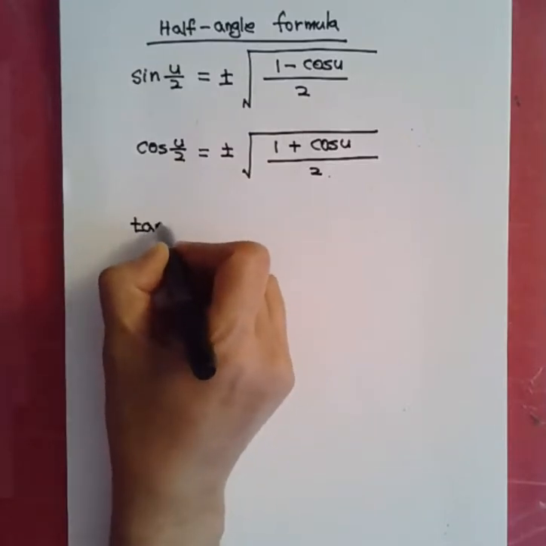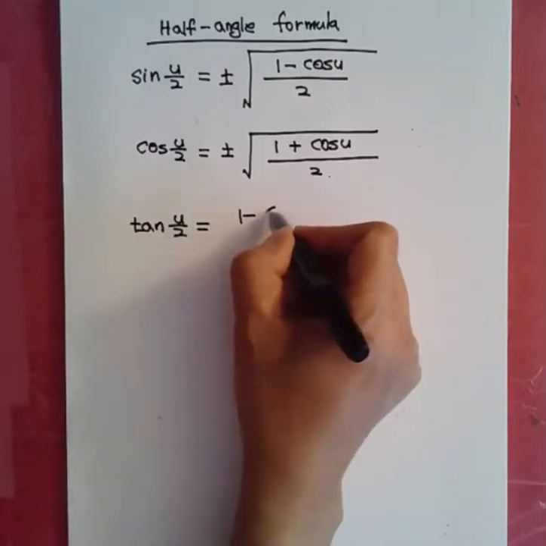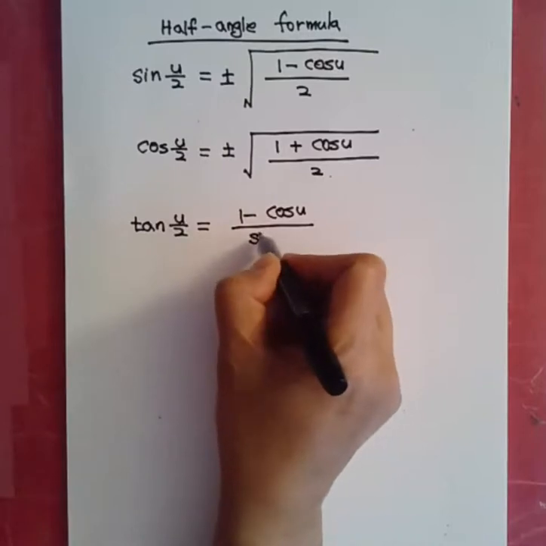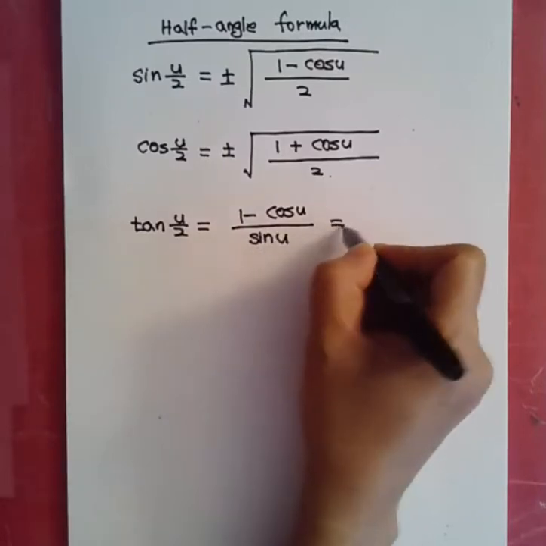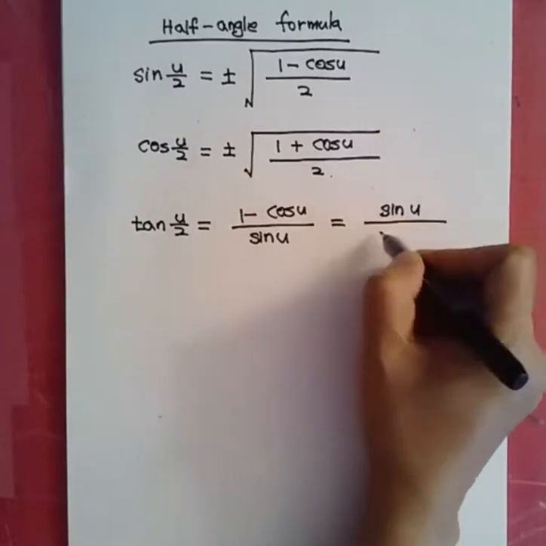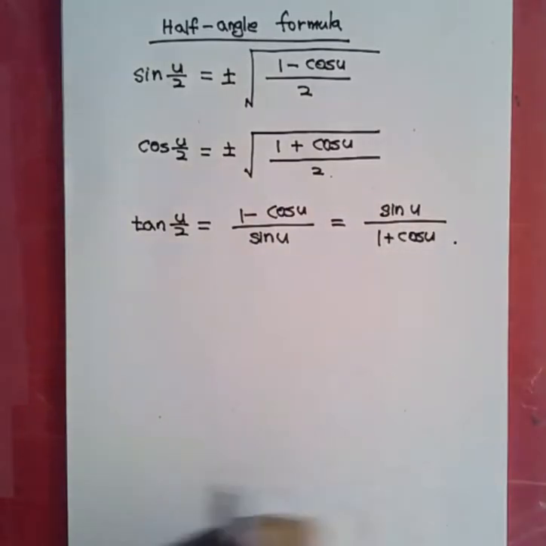And tangent of u over 2 is (1 minus cosine of u) over sine of u. That equals sine of u over (1 plus cosine of u). You have to remember this half angle formula. In this half angle formula, we have a plus or minus sign.